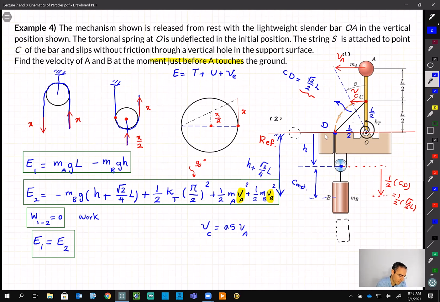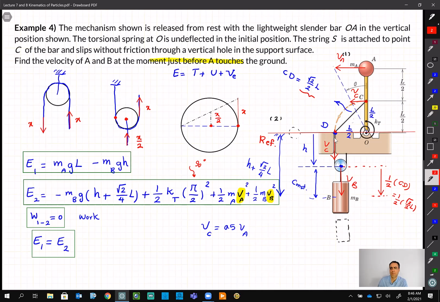Based on the pulley rules, whatever the speed of this guy is, let's call it VB, it is half of the speed of this string, VC.